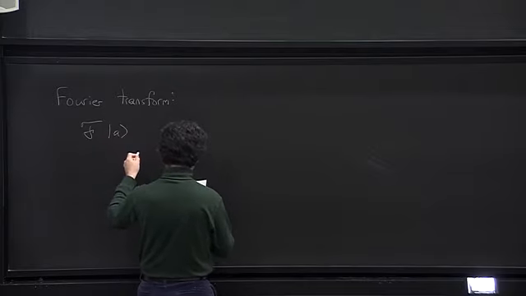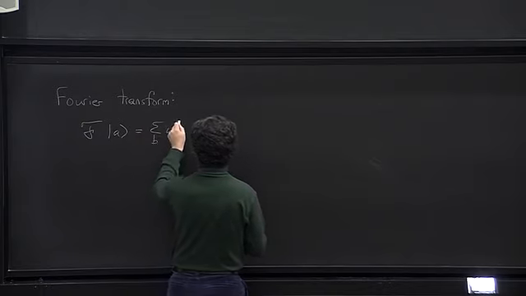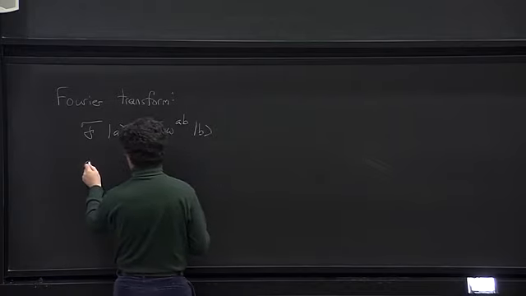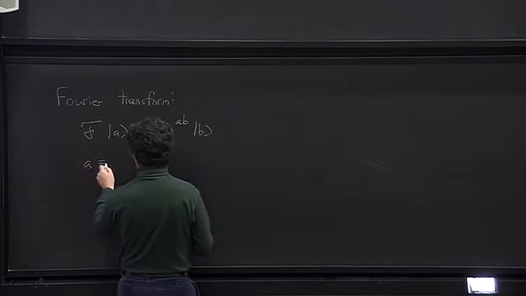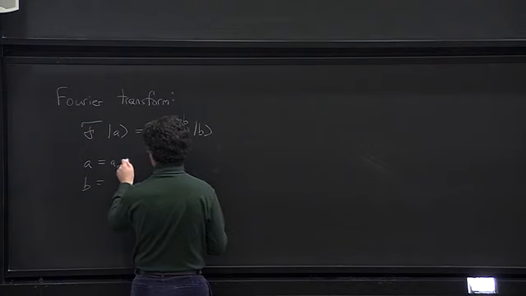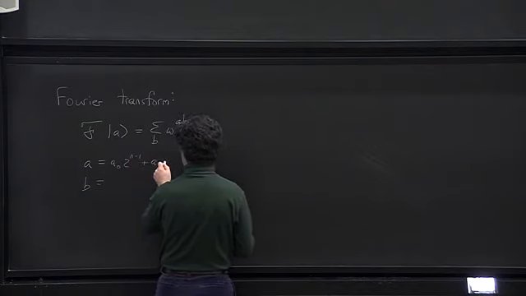It acts on a basis state a, and it gives us the sum over b of omega to the ab, applied to b. And again, we're going to write a and b in binary. So let me just write them out in this case. It'll be a little more helpful later.